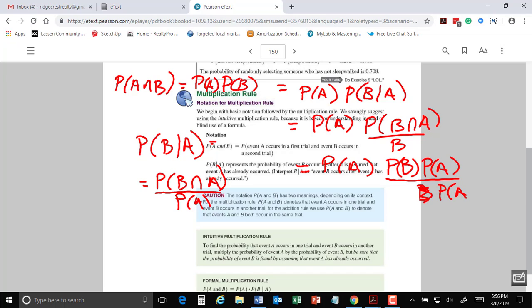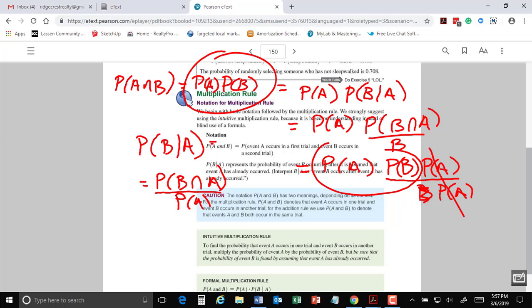The A's down here this time because A happened first, yes? And look at this, that divides out. And guess what I got? The same thing that you would get.